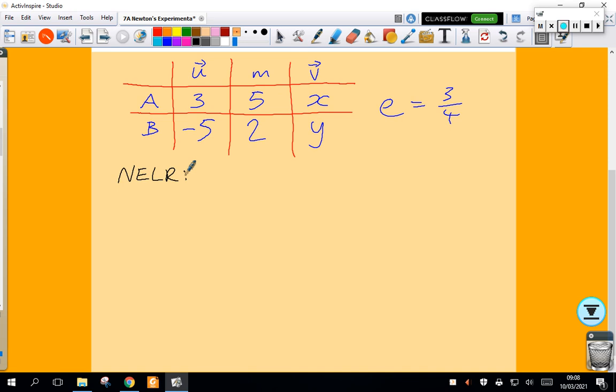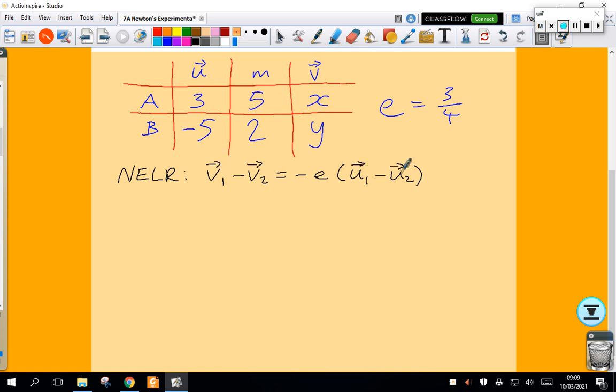So, Newton's experimental law of restitution says v1 minus v2 is equal to negative e times u1 minus u2, where v and u are velocities as opposed to speeds. So we're talking about velocities.